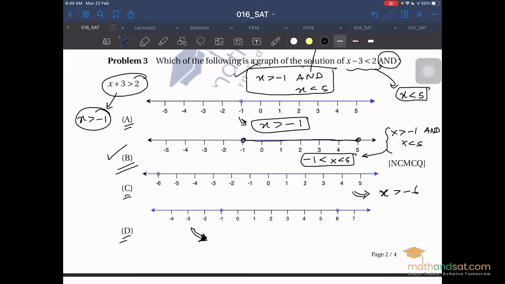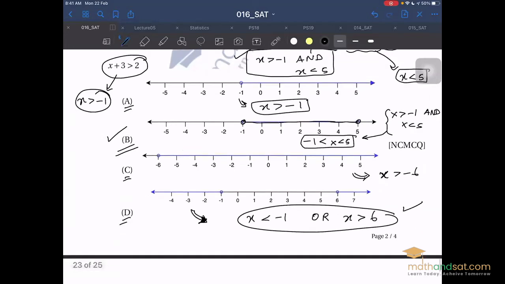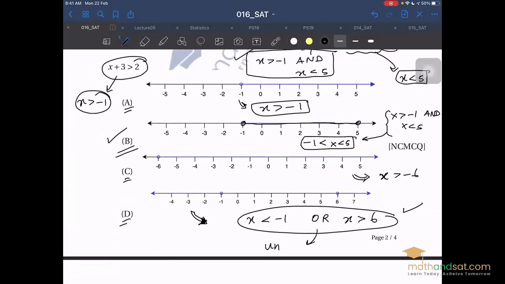Yes, that's very good. We have x less than -1 or x greater than 6. Cool. So this is basically the union of two sets. There are two sets, and union is represented as OR.